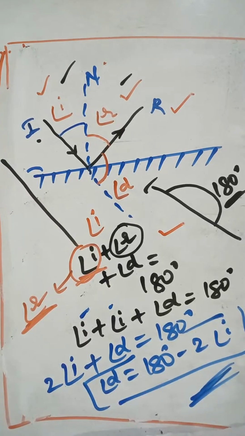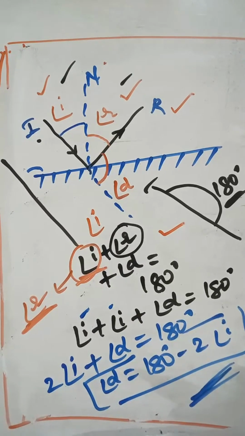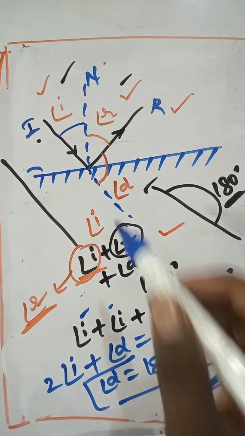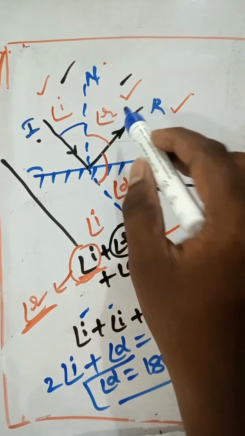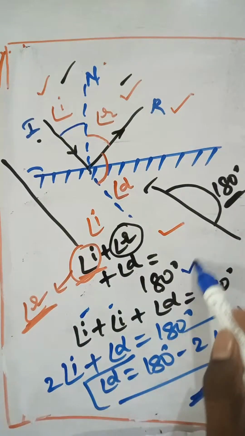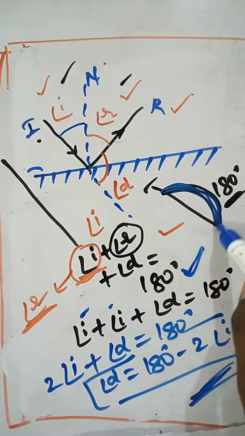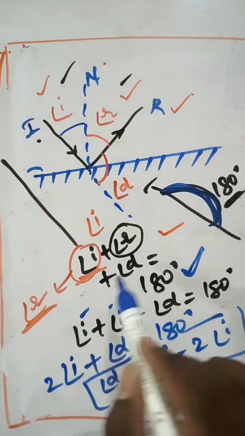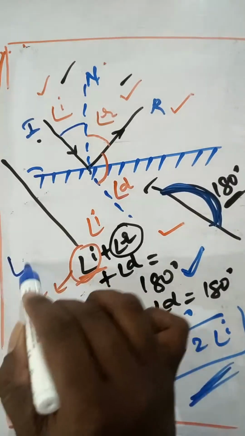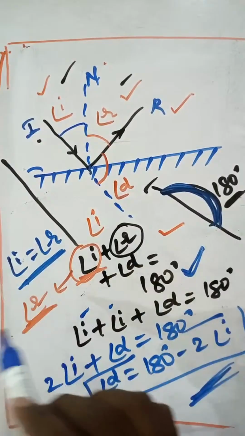Make a note of it. You can check once: angle of incidence plus angle of reflection plus angle of deviation equals 180 degrees, because it is a linear angle. From the laws of reflection, the angle of incidence equals the angle of reflection.